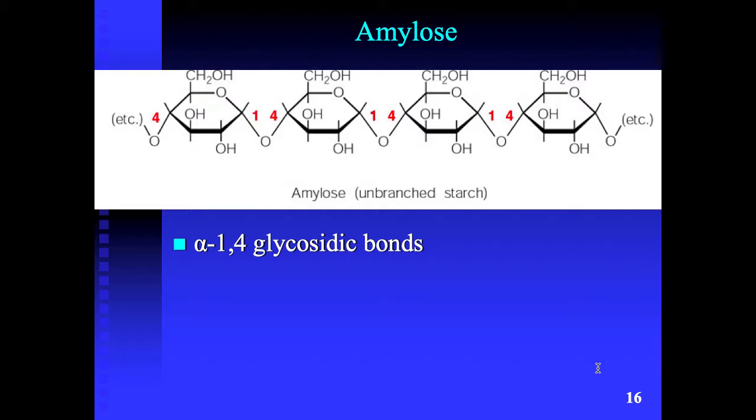Glucose, glucose, glucose, glucose, and this says et cetera, because these are long strings of glucose. The only glycosidic bond in amylose is alpha 1 to 4 glycosidic bonds. So right here's our anomeric carbon. It's downward, so alpha 1 to 4. So relatively straight across, and amylose actually forms kind of a wrapping structure, but it doesn't have any branch points. So we say it's unbranched starch.